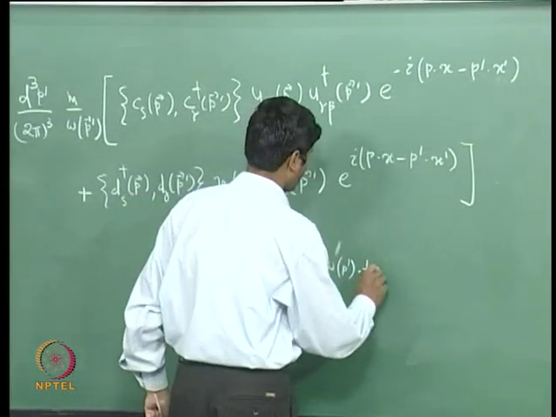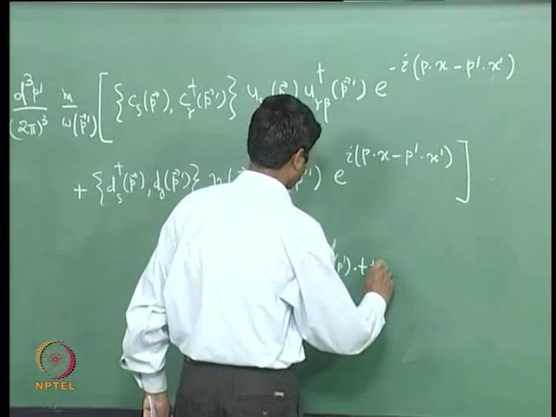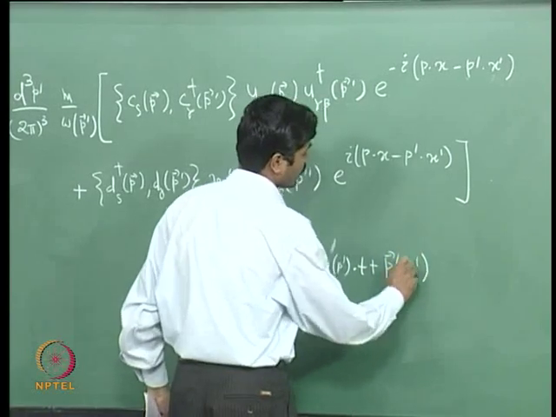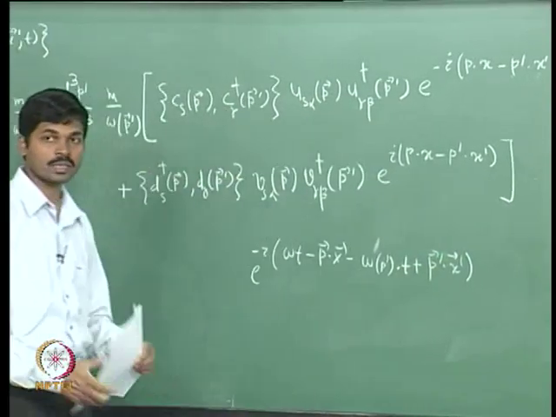So, omega prime of p t, and then plus p prime dot x prime, this 3 vector product.